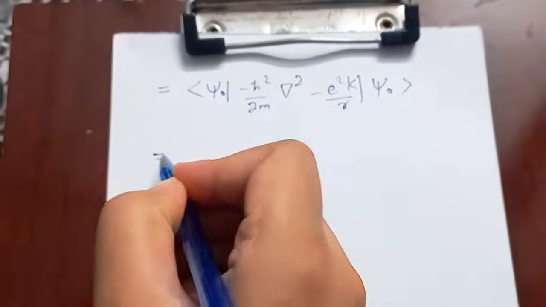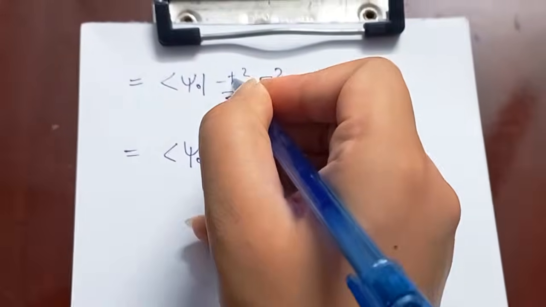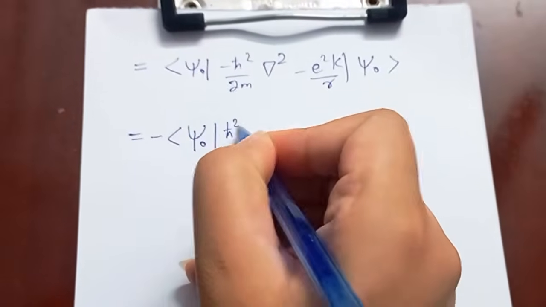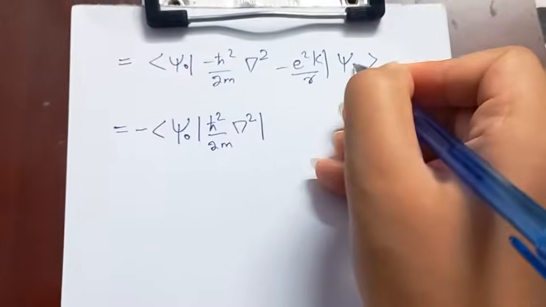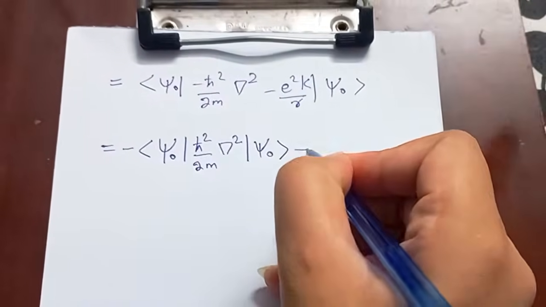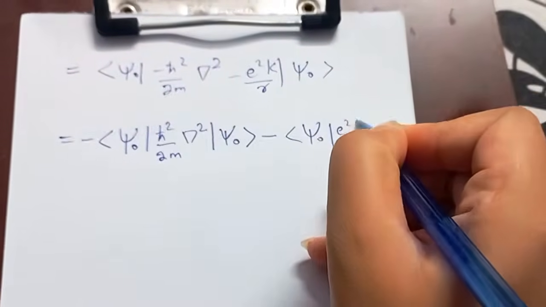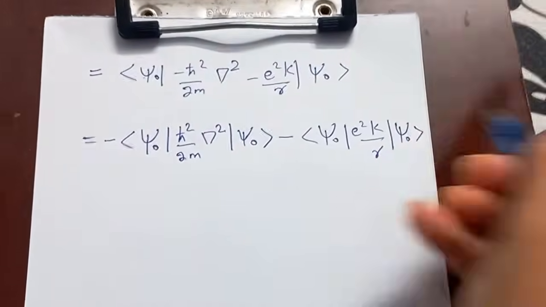So we can simply separate them, and we can write psi naught for this term first. We can take the negative sign outside, so h cut square by 2m del square, then psi naught. Then this negative sign, then again psi naught, and we'll write e square k by r in between and psi naught closing.